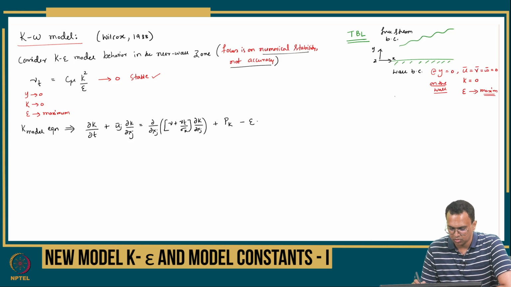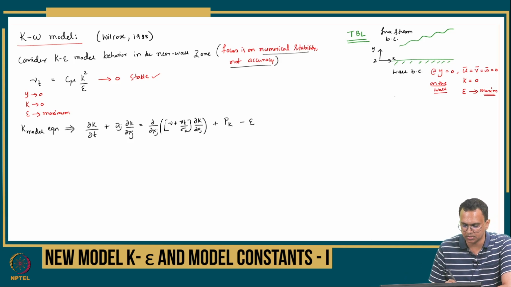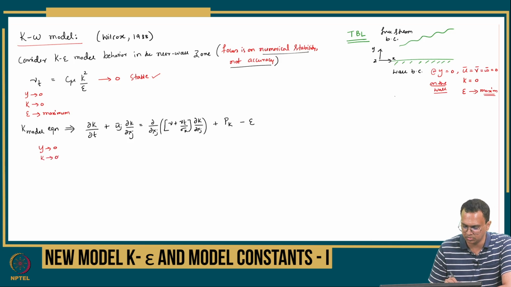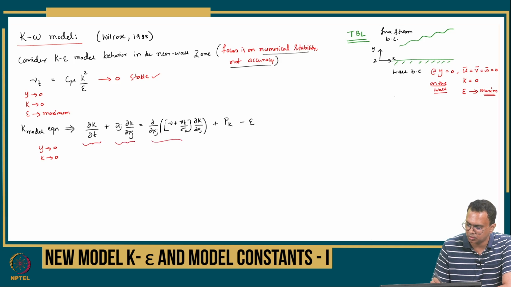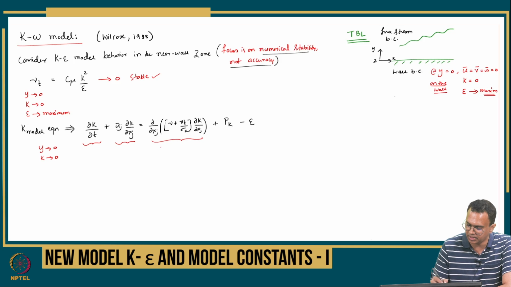right? So here again we look at what happens to these terms as I approach the wall. So y goes to 0, again same thing here, k must go to 0, epsilon going to maximum. So these are gradient terms here, the first, second and the third. All these are gradient terms, so it will not cause any numerical stability issue, only gradient terms here.